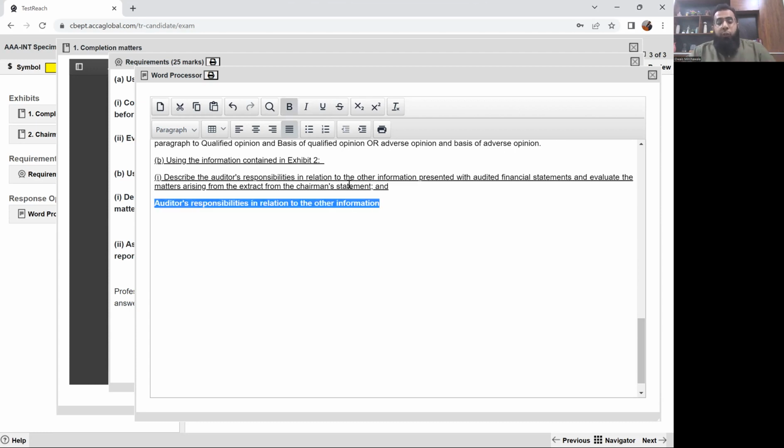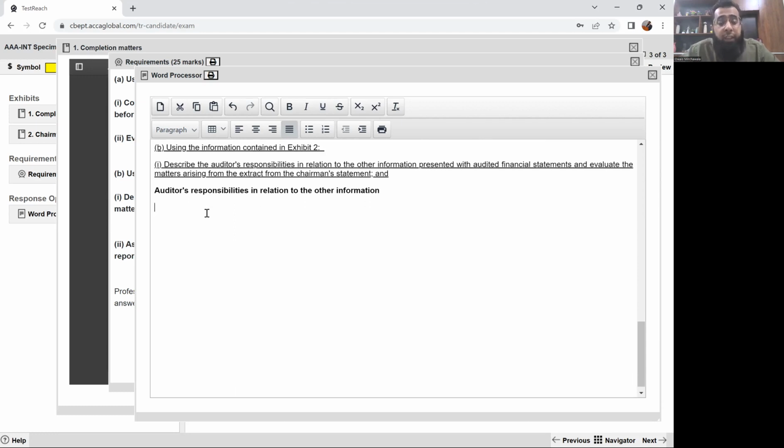I've told you earlier also that in questions 2 and 3, it is not necessary to give headings and subheadings because there are no marks for communication professional skill. But if you give headings, that is good. So first we have to describe the auditor's responsibility in relation to other information presented with the audited financial statements and evaluate the matters arising from the extract from the chairman's statement.